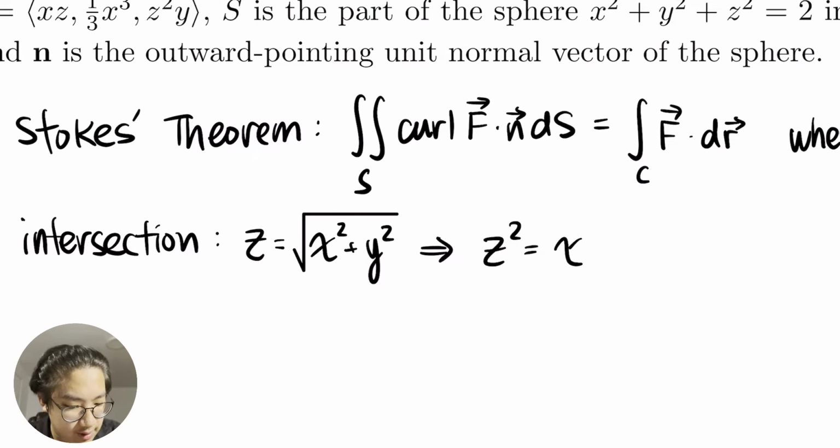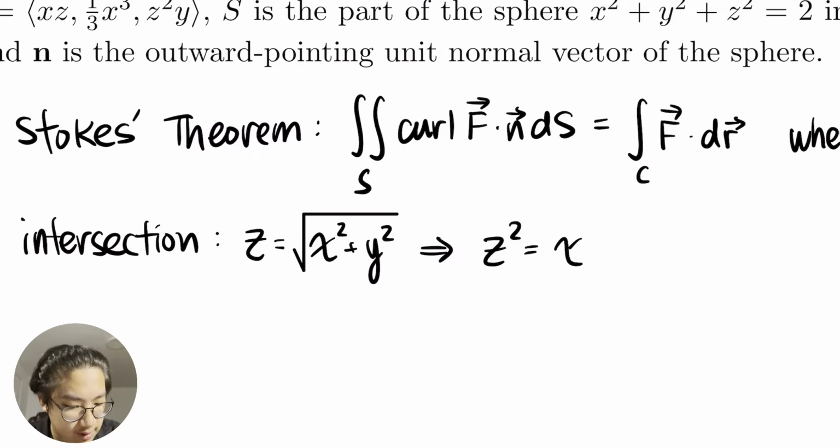So this right here would be our parameterization, and this is how we're going to write our r of t. So r of t is equal to cos t, sine t, 1, where t is between 0 and 2 pi.